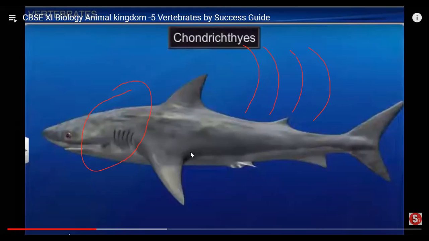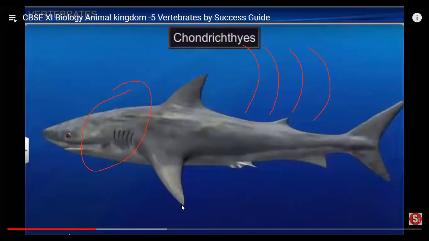Over the skin they have these slits, and these are known as gill slits. That means just beneath those slits there are gills. Gills are meant for respiration. This kind of gill slits are present only in cartilaginous fishes.